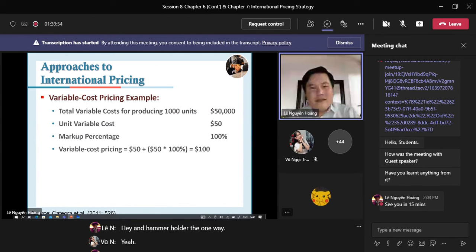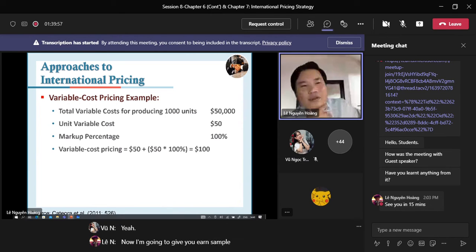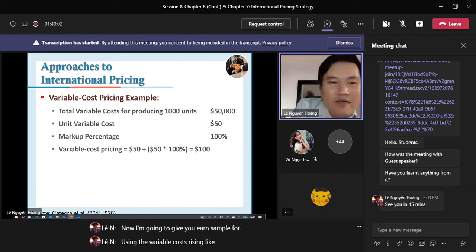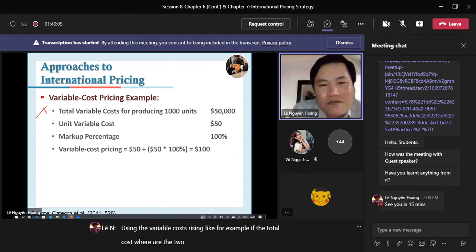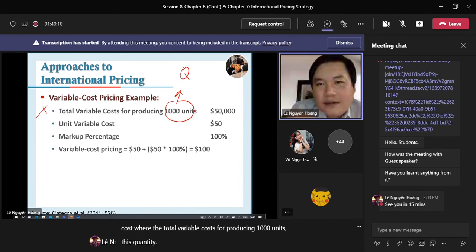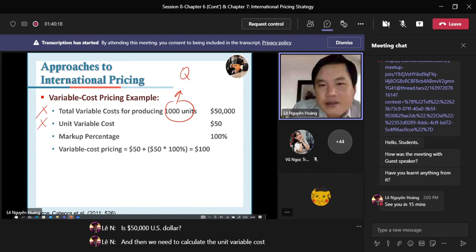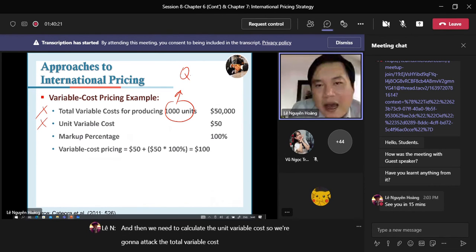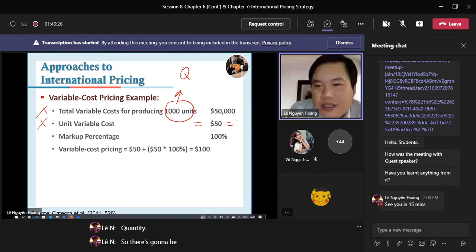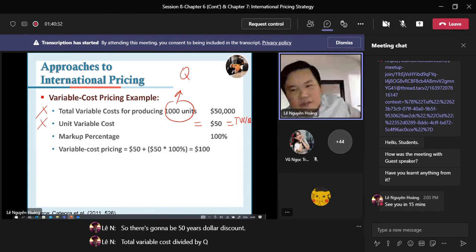Again, now I'm going to give you an example for using the variable cost pricing. Okay, for example, if the total variable cost for producing 1,000 units is $50,000 US dollars, then we need to calculate the unit variable cost. So we take the total variable cost divided by quantity, and this is going to be 50 US dollars.